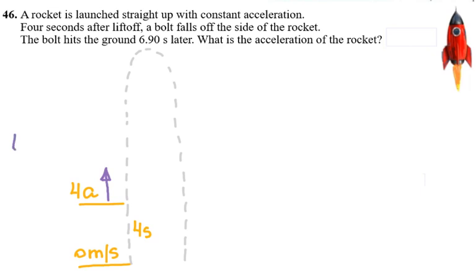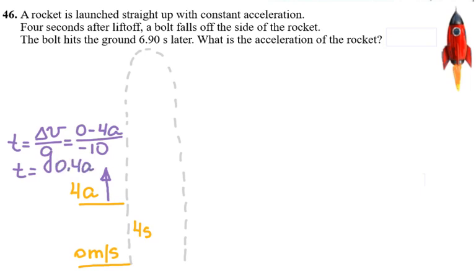The time is going to be the change of velocity over acceleration, and the acceleration is falling down. So the final velocity minus initial velocity, over the acceleration, which is -10. That gives me time equal to 0.4a. So this will be how long it will take for the bolt to get to the top before it stops. Oh, no, not the rocket, the bolt.